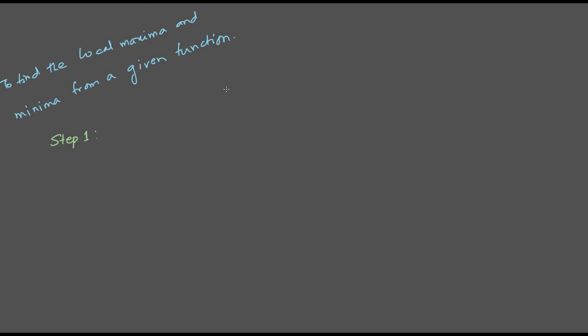We come to the concept of critical points later, but first step is actually we need to partially differentiate the function with respect to x. What does it mean? We need to simply do partial differentiation. It is quite understandable.